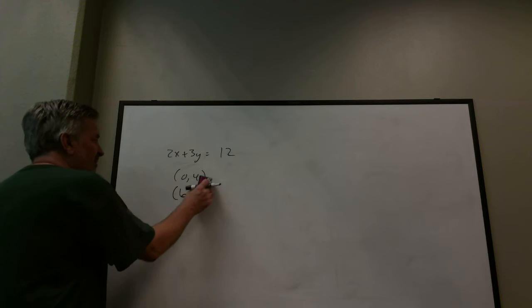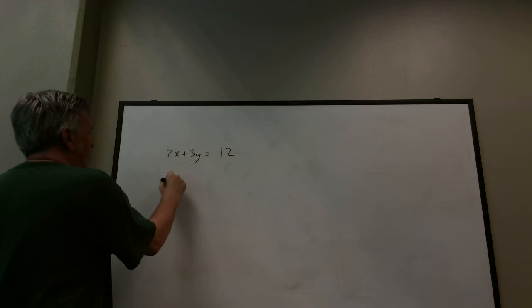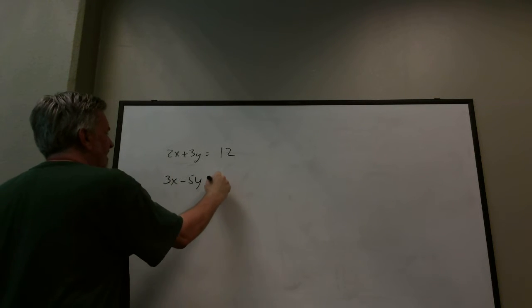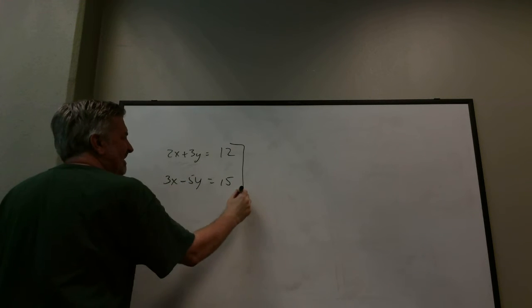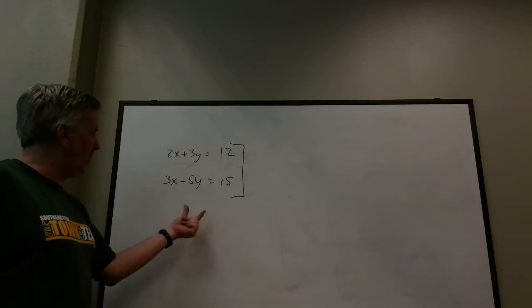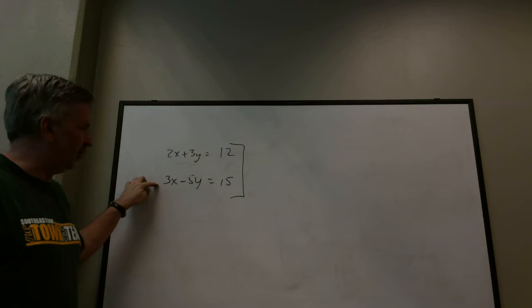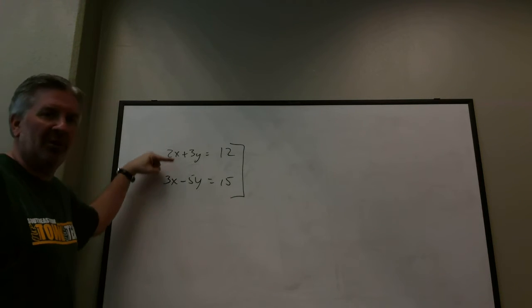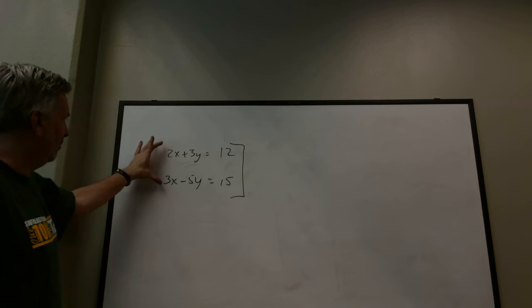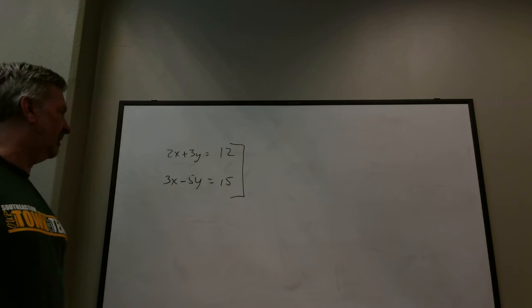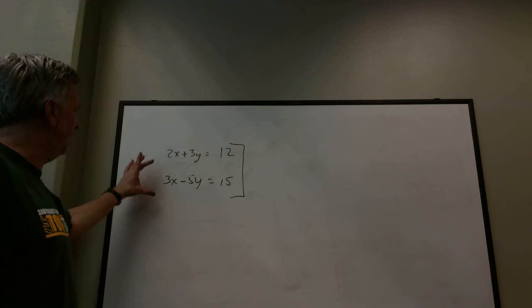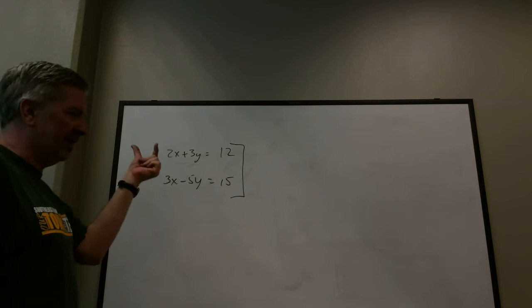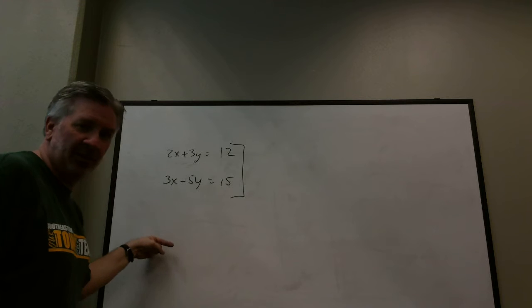Now, in a system of equations, you're going to have others, like 3x minus 5y equals 15. So to be a solution to a system, it's an ordered pair that makes both equations true. Or if you have 3 equations, it has to make all 3 equations true. I can't eyeball this and just tell you the answer, but if there is one, a solution to a system of linear equations in 2 variables is an ordered pair that makes every equation true.